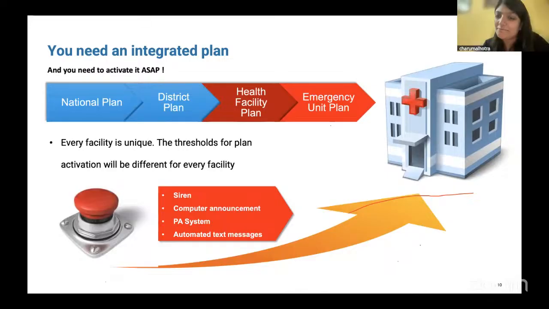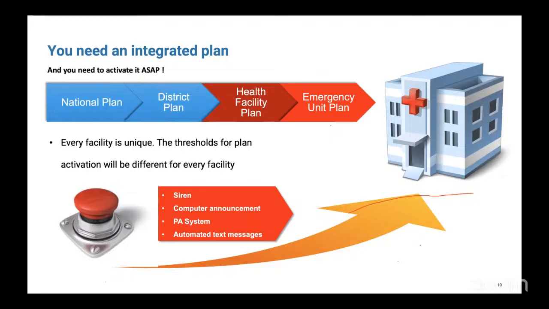Okay, sir. So, in communication during a mass casualty, what do we require? One is activation. Dr. Charu told about how to communicate that the mass casualty management plan is activated to other members. It can be a PA system, it can be a mobile-based message, it can be a dictaphone. Whatever works is useful.